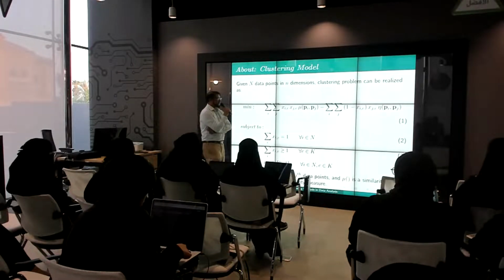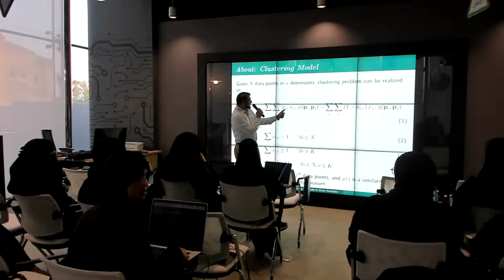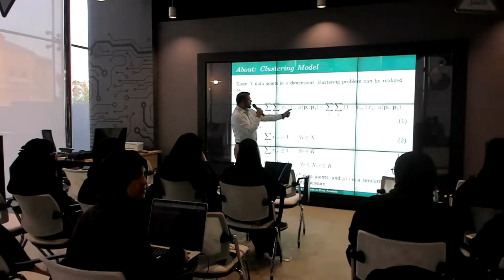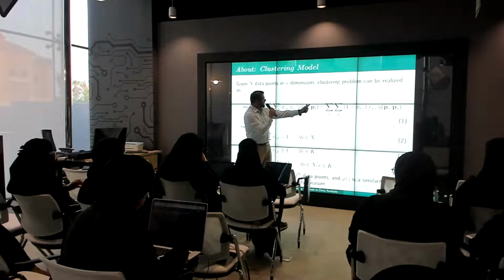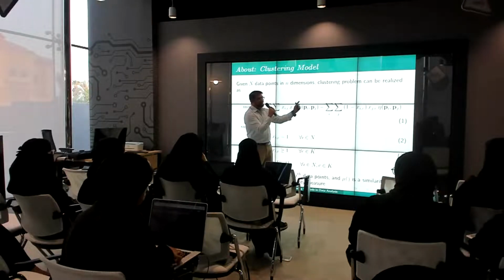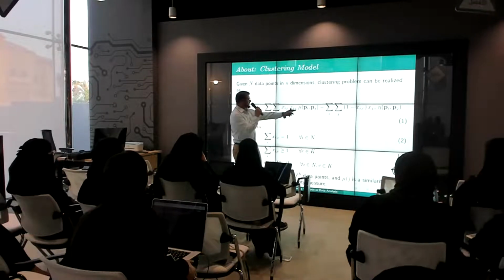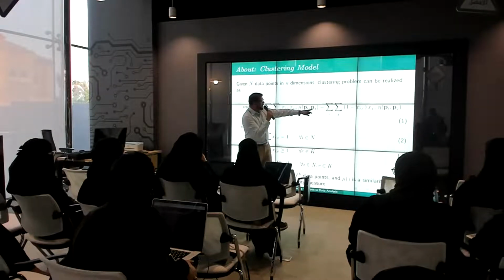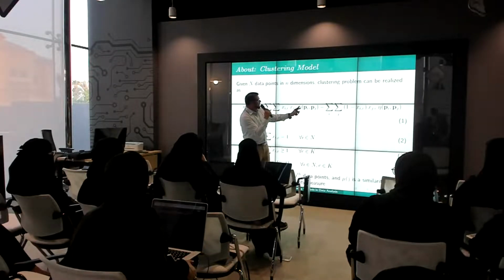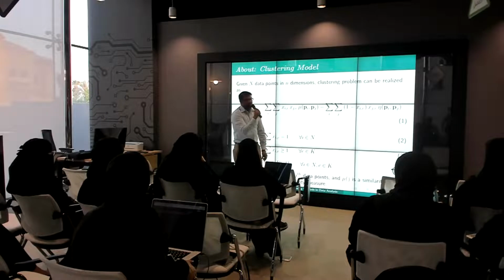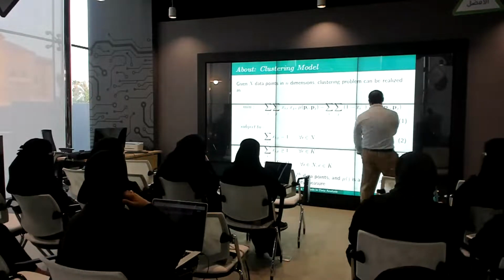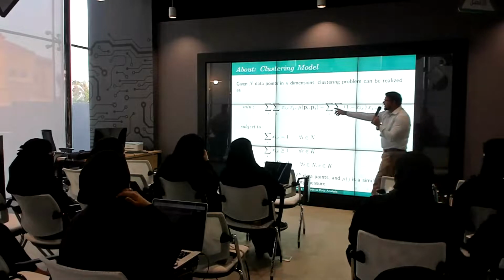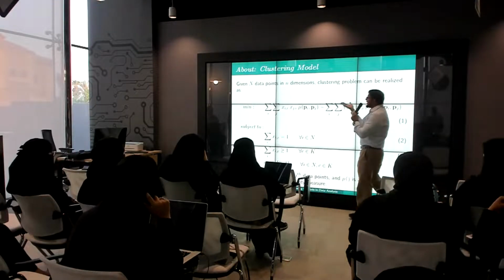The objective is defined like this. If points i and j both belong to the same cluster, then you would like to minimize the dissimilarity. And that dissimilarity between points is captured by some function mu. And then on the other side, because it's minus and you're trying to minimize, it is like you're trying to maximize.